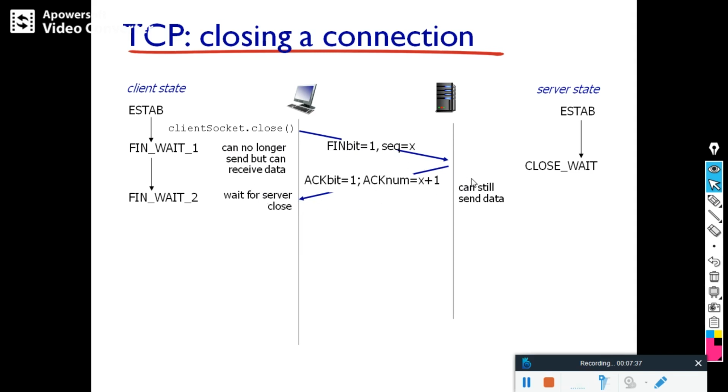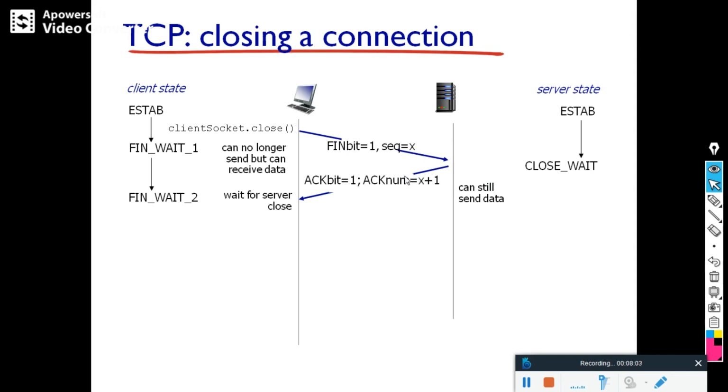Now, after receiving this, our server will send acknowledgement bit 1 for this finish segment. It will send the acknowledgement with acknowledgement number X plus 1. The server can still send data.